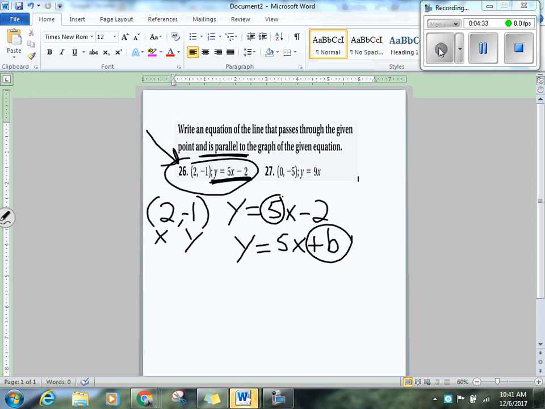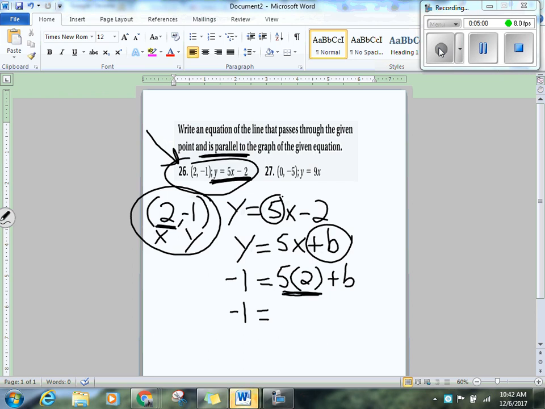In order to solve for b, I have to plug in those numbers, because I'm looking for a line that is parallel. So I plug in for y, I'm going to put -1, bring down the 5, x equals 2, plus b. And I go ahead and solve it and find out what b equals.